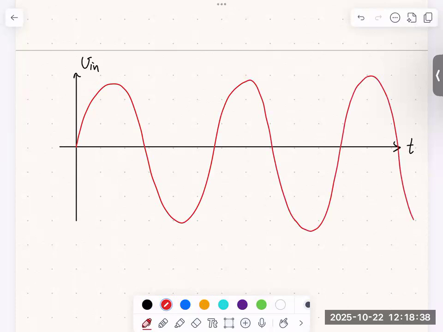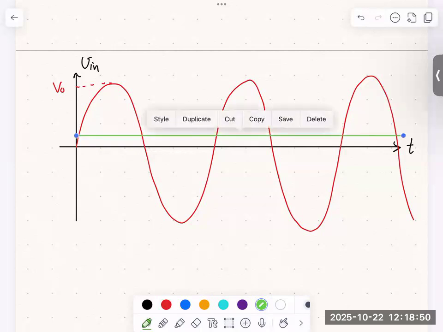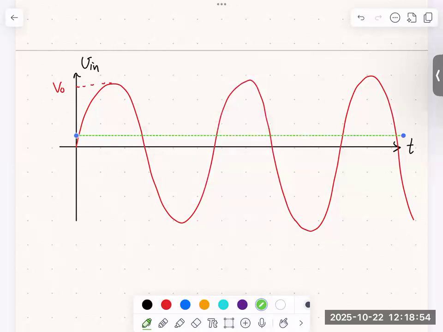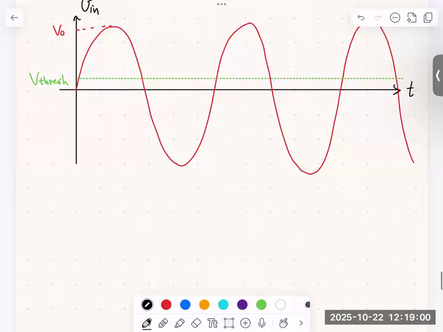So this is going to be our V naught, and I'm going to make the threshold voltage look a little bit smaller here. So this is going to be our threshold voltage, something like this. The threshold. All right. And so now underneath this, we will draw our output.